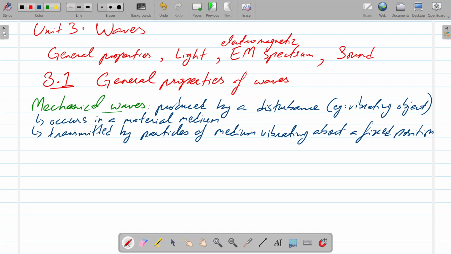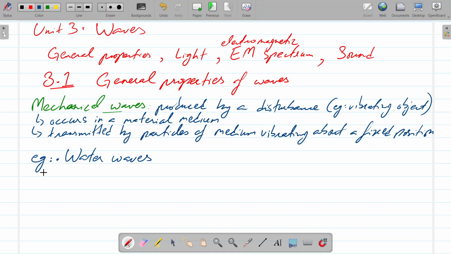Now, examples of what types of waves are included in mechanical waves. One is water waves, which we have obviously seen, hopefully.